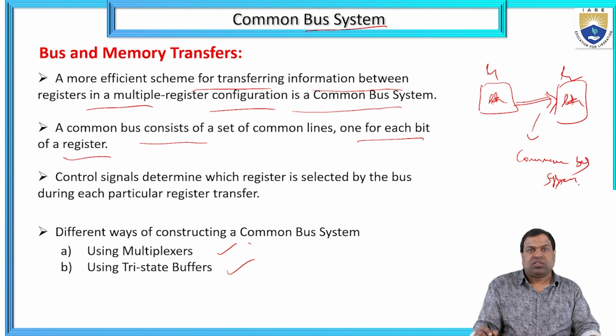Control signals determine which register is selected by the bus during each particular register transfer. When we are transferring the data from R1 to R2, it is called a register transfer.